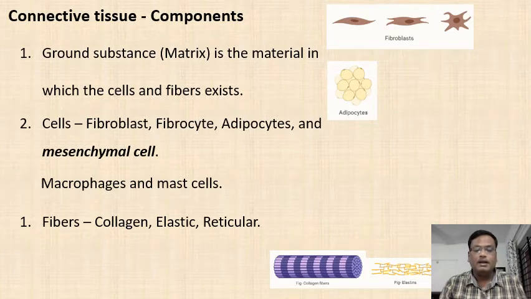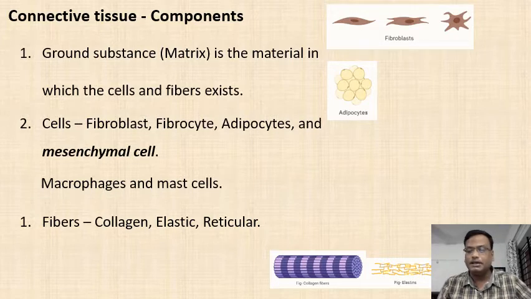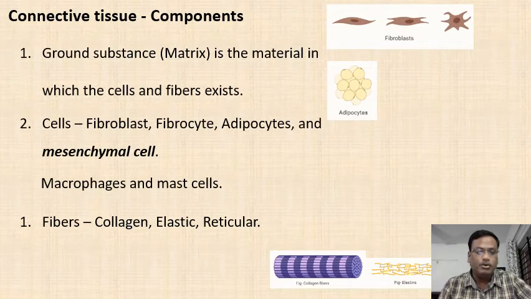Okay, and in the ground substance of the connective tissue we also find macrophages and mast cells. If you studied the immune system, then you may know the names of these cells called macrophages and mast cells. These cells are mainly involved in the immune response.